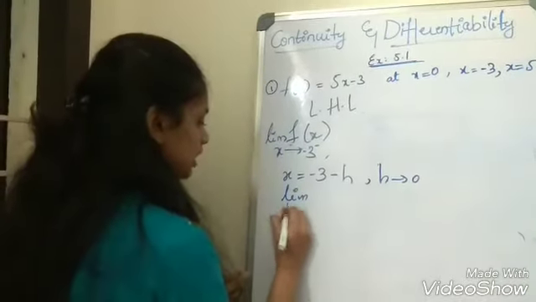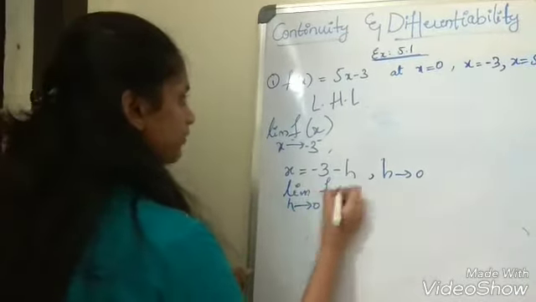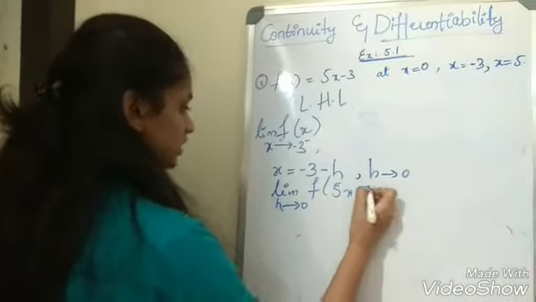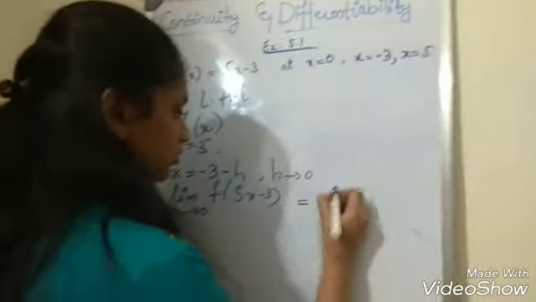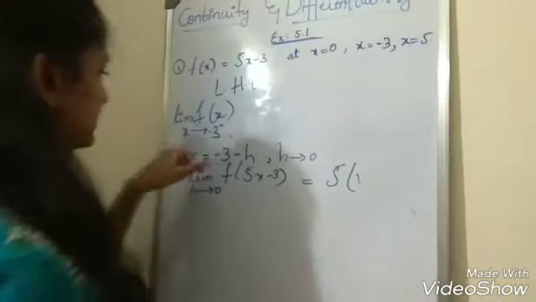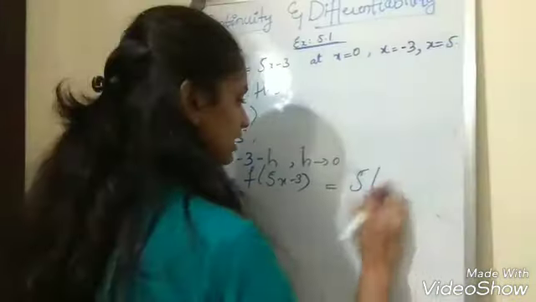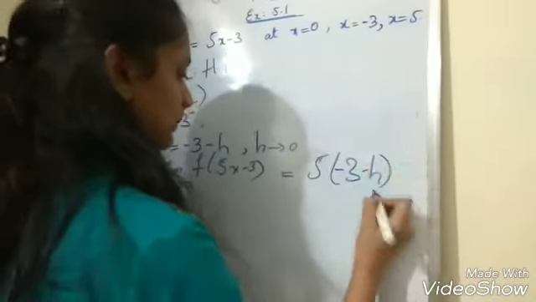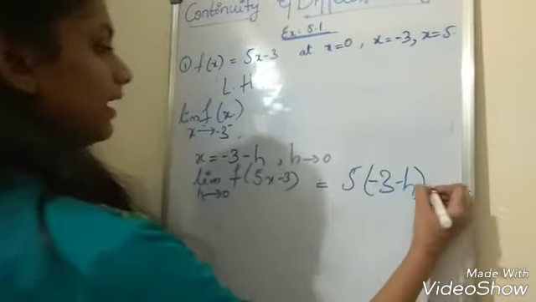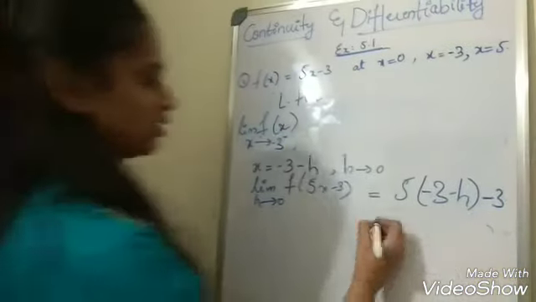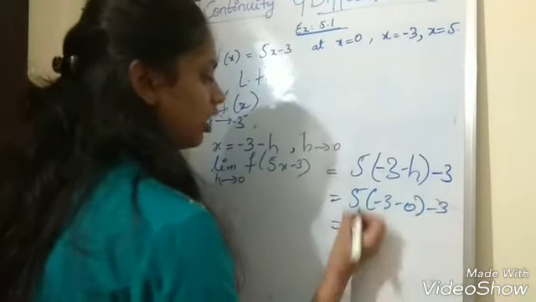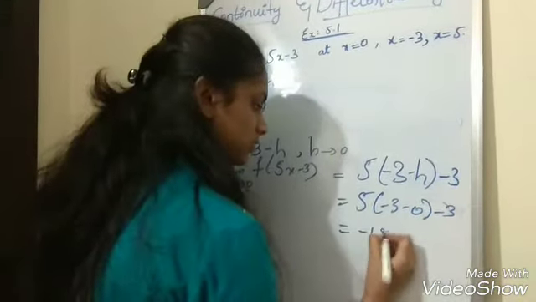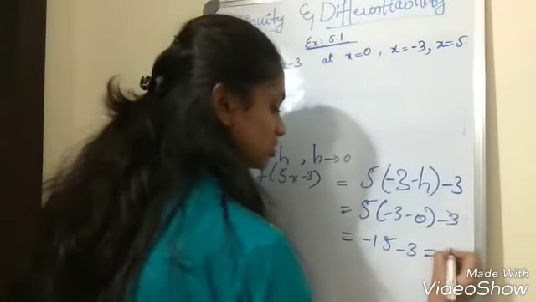Limit h tends to 0 f of 5x minus 3, which is equal to 5, and x is minus 3 minus h, minus 3. Now as the value of h is 0, 5 into minus 3 minus 0, minus 3. 5 into minus 3 is nothing but minus 15 and minus 3. Its value is minus 18.